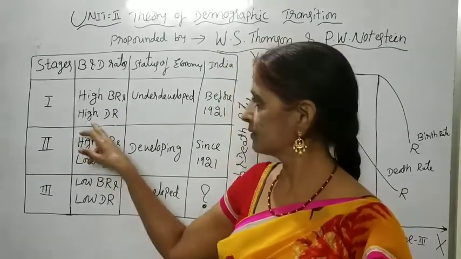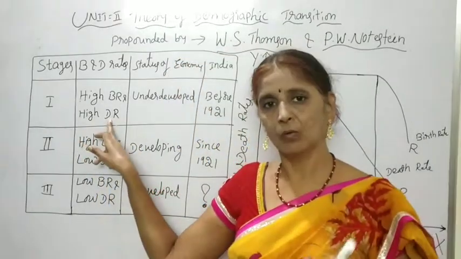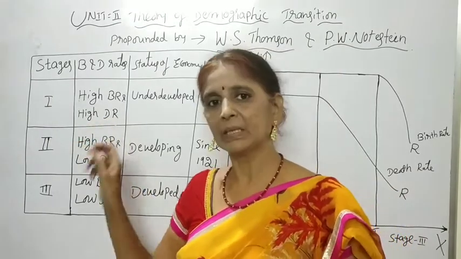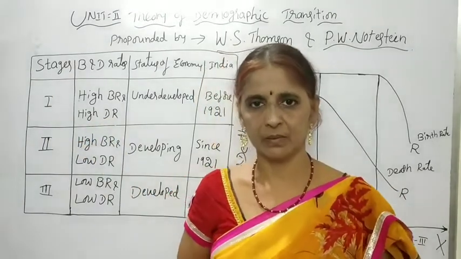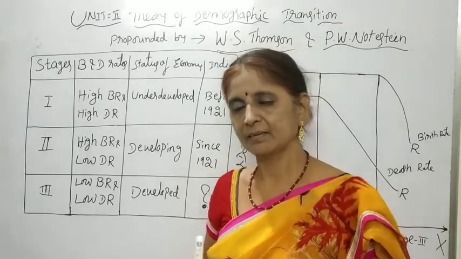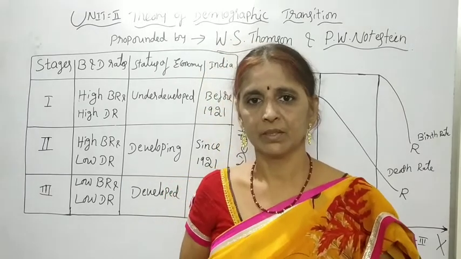And what are the reasons for the high death rates? Why are the death rates higher in the agrarian economy? Whenever people depend upon agriculture for their livelihood, they get lesser incomes. With lesser incomes, they are unable to consume nutritious food.